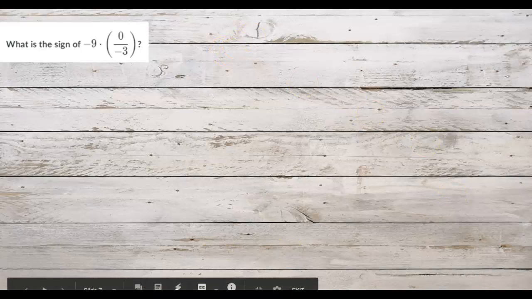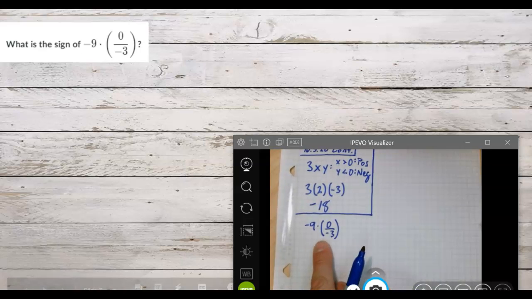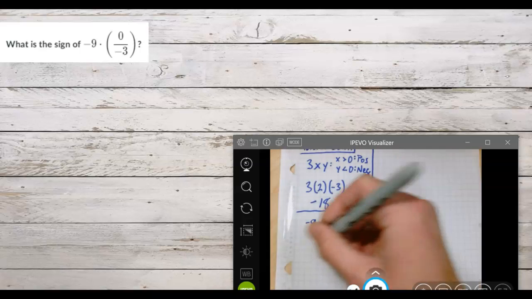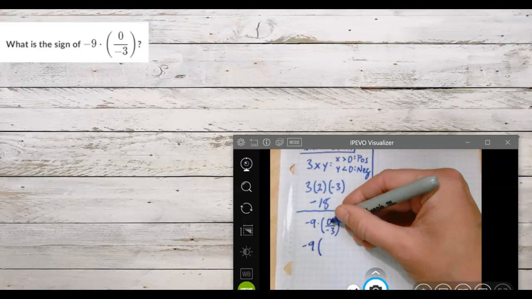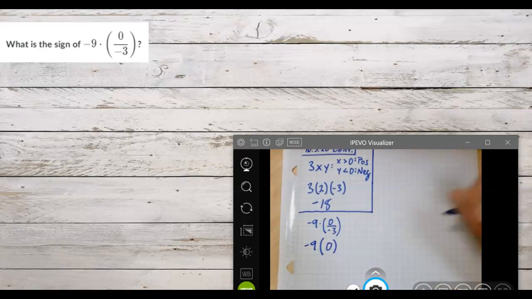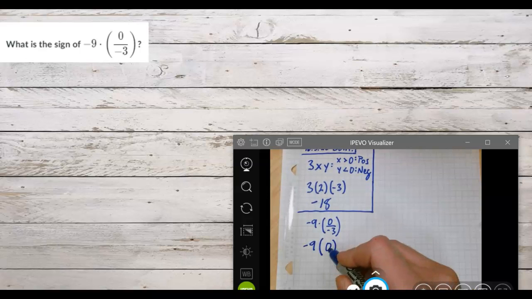0. And what would negative 9, so you said this in the parentheses is 0. So what we actually have is negative 9 times, because 0 divided by anything is 0, Nate identified this is 0. So what's negative 9 times 0?